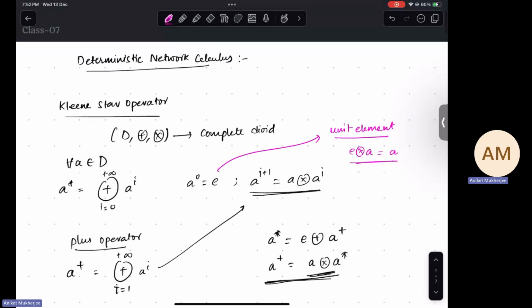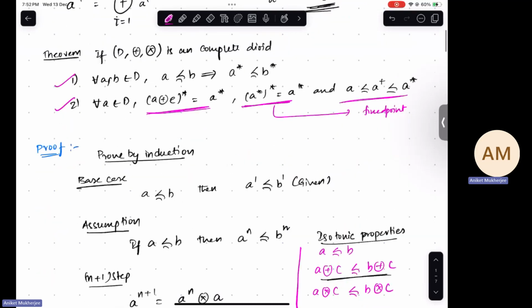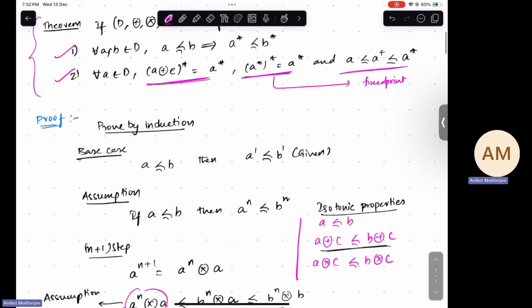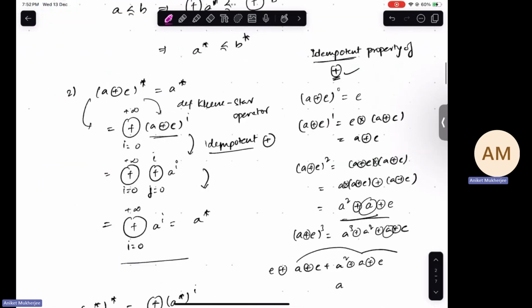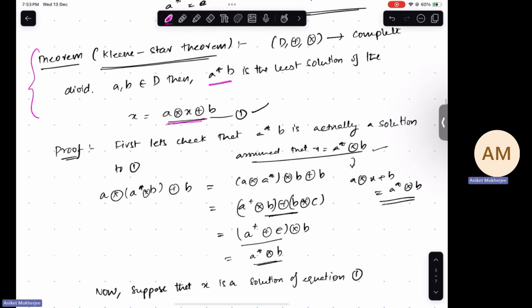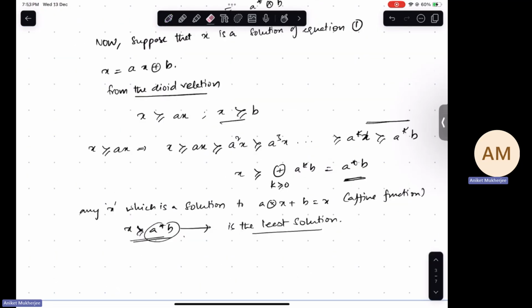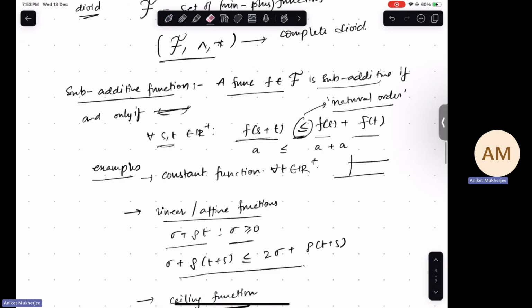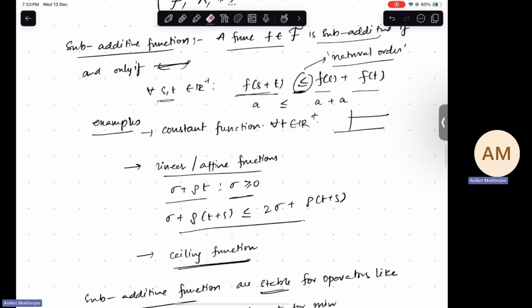So what we discussed today was some properties of Kleene star operator. This was one set of properties with Kleene star operator. Then we discussed the Kleene star theorem, where we said that a star b is the least solution for the affine equation x equal to ax plus b. Right. Then we saw subadditive closures. Then we defined what a subadditive function is.